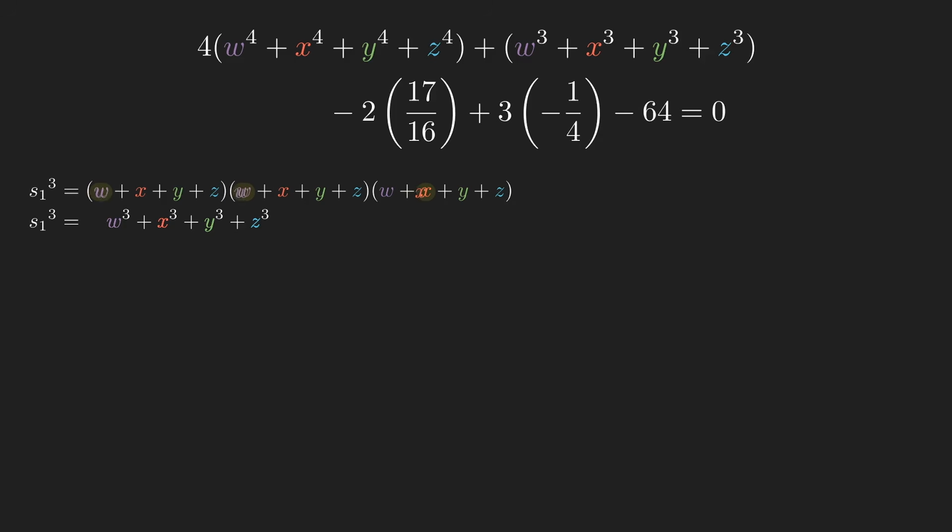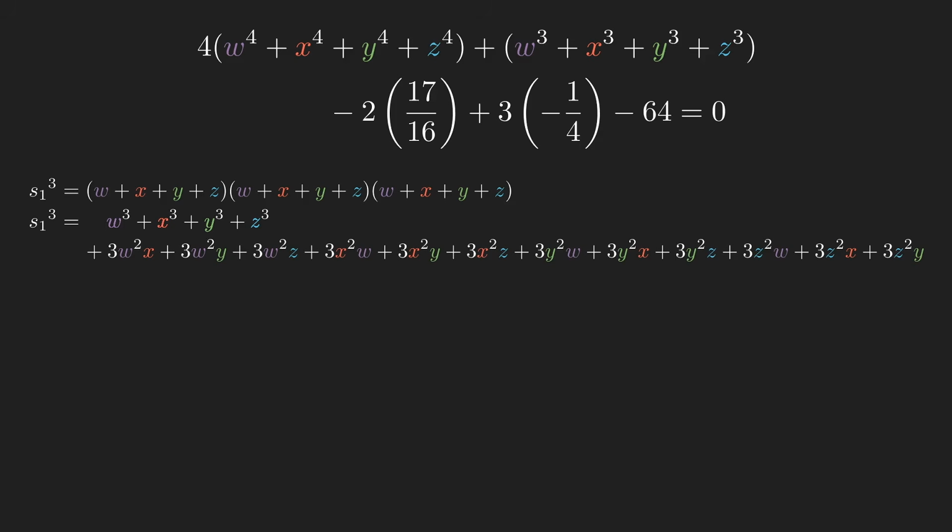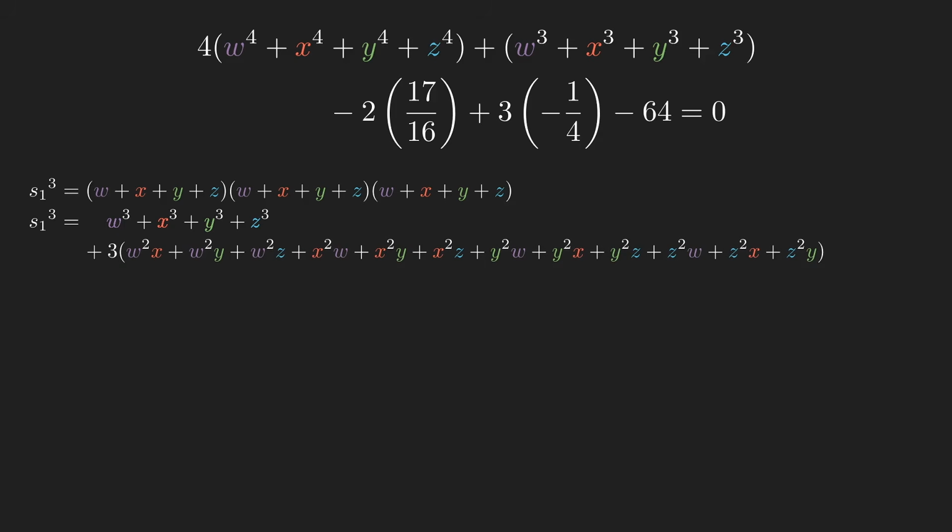For instance, the term w squared x occurs 3 times. Here are all 12 different variants of that. Finally, we'll have terms that are the product of 3 distinct variables. For instance, the term xyz occurs 6 times. Here are all 4 different variants of that.